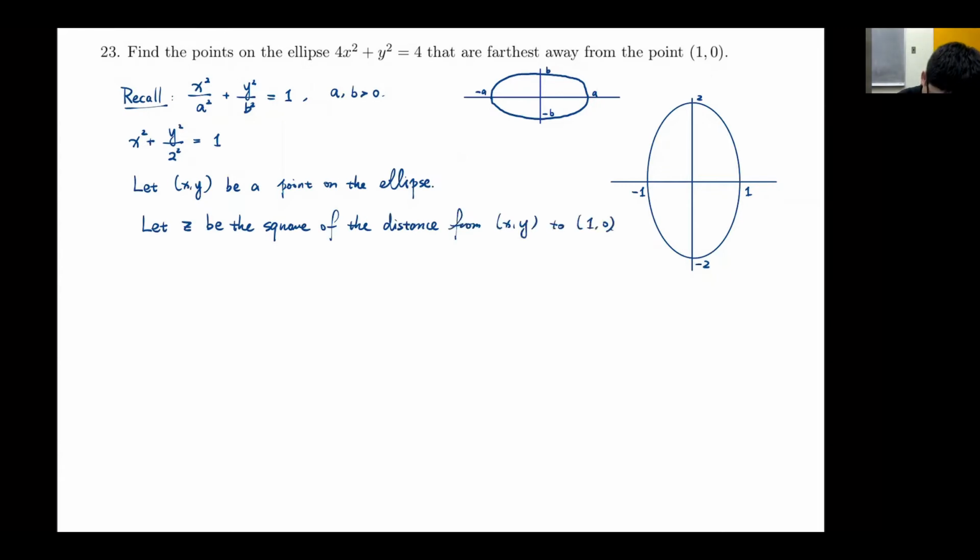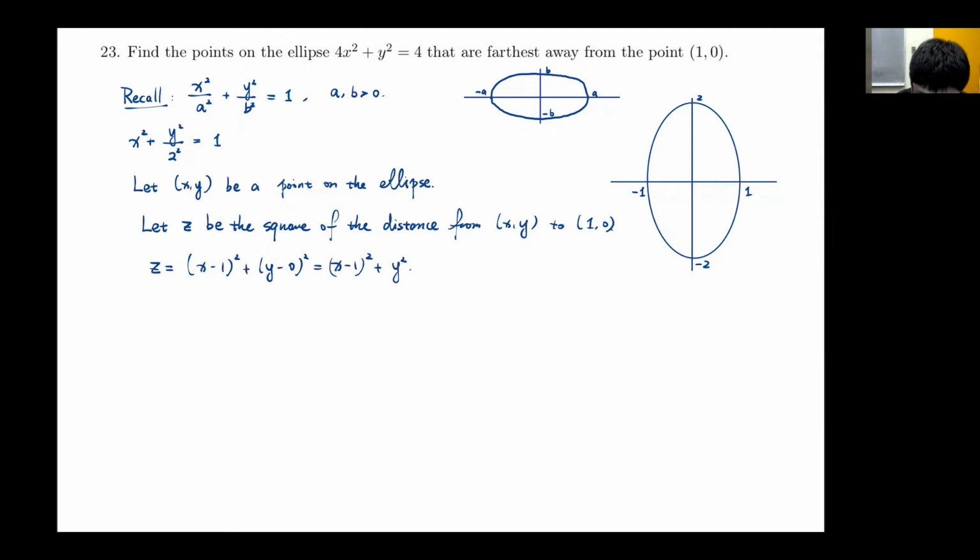Remember, in the previous problem, we said that minimizing the square of the distance is the same as minimizing the distance. So for this problem, we will use the same principle: maximizing the distance is the same as maximizing the square of the distance. Then from the distance formula, my z is going to equal (x minus 1) squared plus (y minus 0) squared. So this will simply be (x minus 1) squared plus y squared.